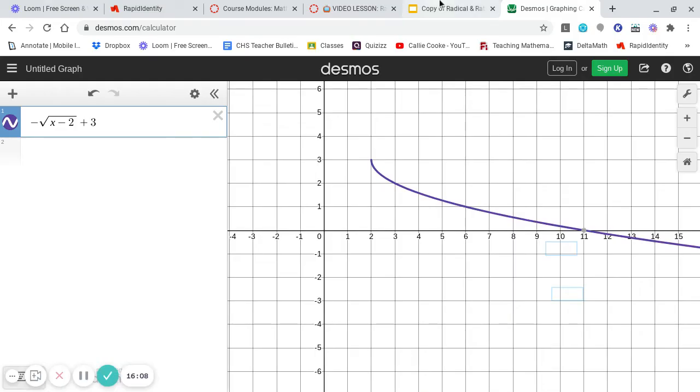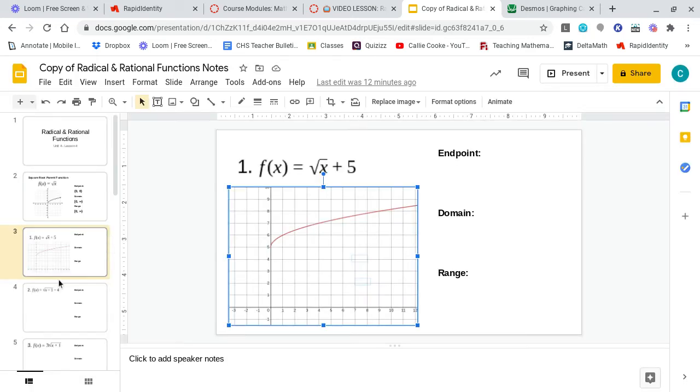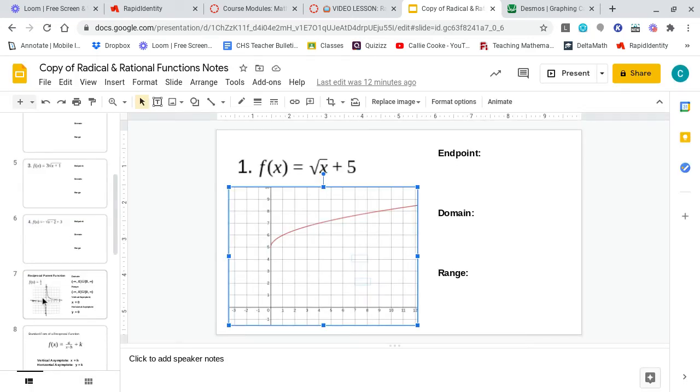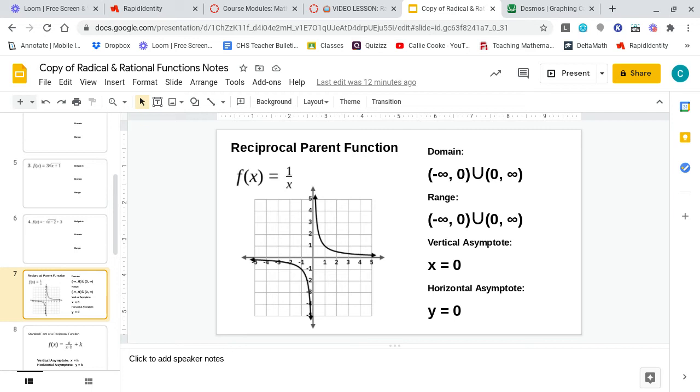Now, quickly, I'm going back to the notes. We went through all of our examples there. Now we have a reciprocal function or rational function. You might hear both of those terms. It looks a little different, doesn't it?